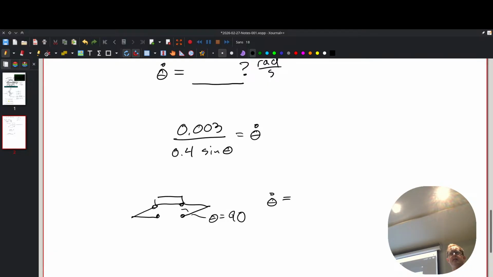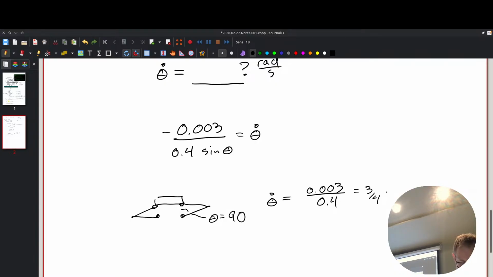One side is just 0.003 over that 0.4. Is it still negative? Yeah, it's the negative from before. You're right. Thanks. You multiply it. Yeah, plug that in.